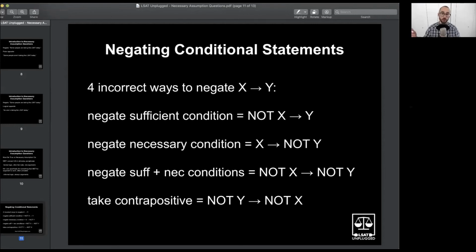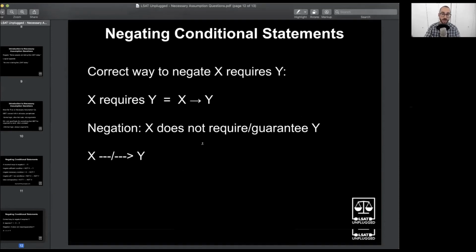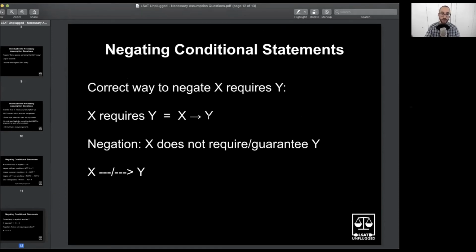None of those is the right way to negate a conditional statement. You never want to go about it that way. Instead, what you want to do is negate the arrow itself. So if you have the arrow there, put a slash through the arrow instead.